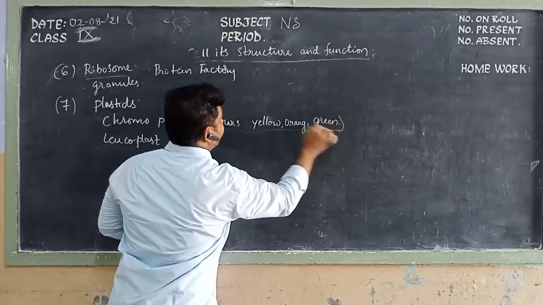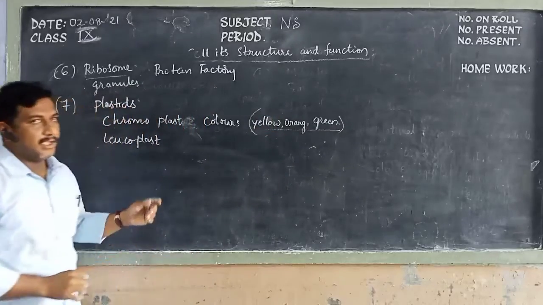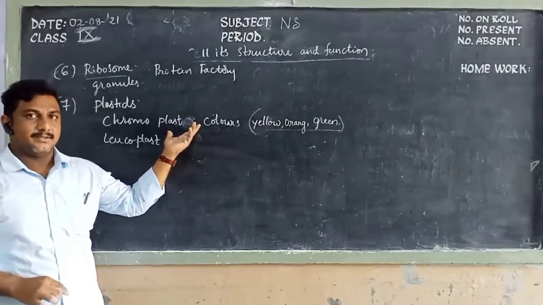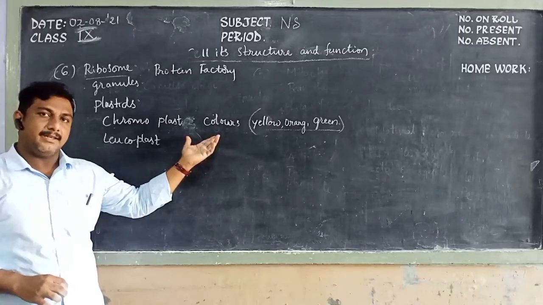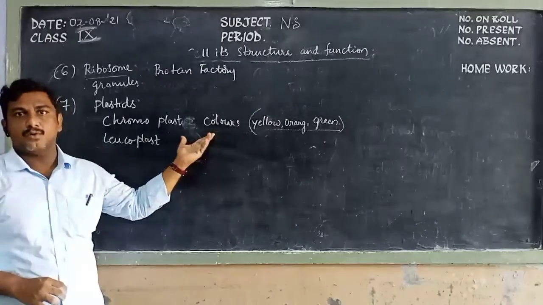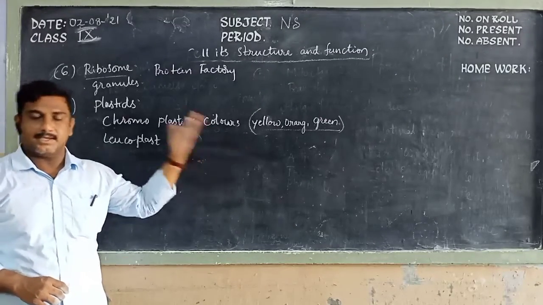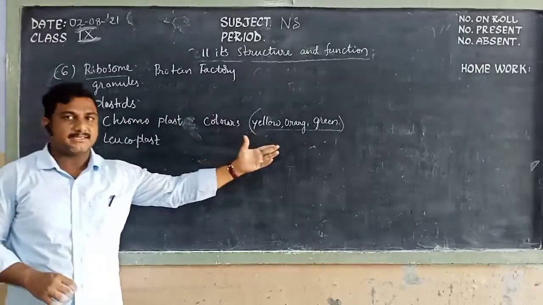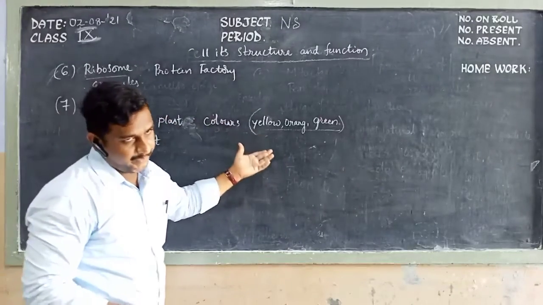So chlorophyll is present inside the chloroplast. Generally chlorophylls have different names: chlorophyll A, chlorophyll B, chlorophyll C. Generally green plants have chlorophyll B.